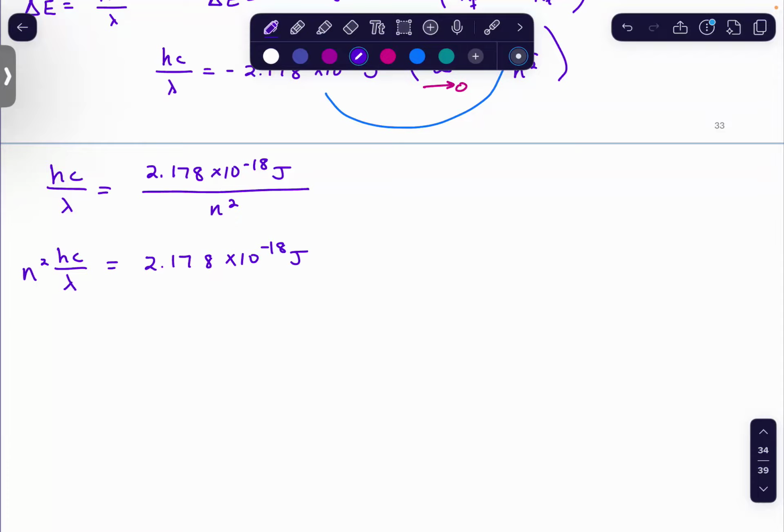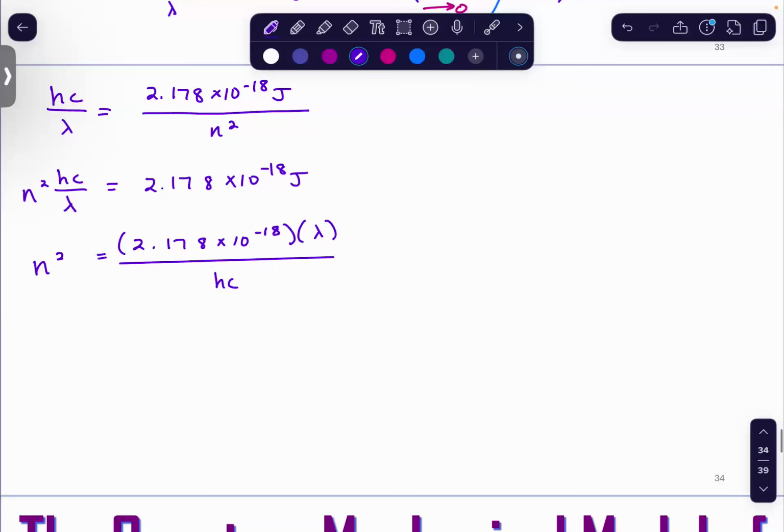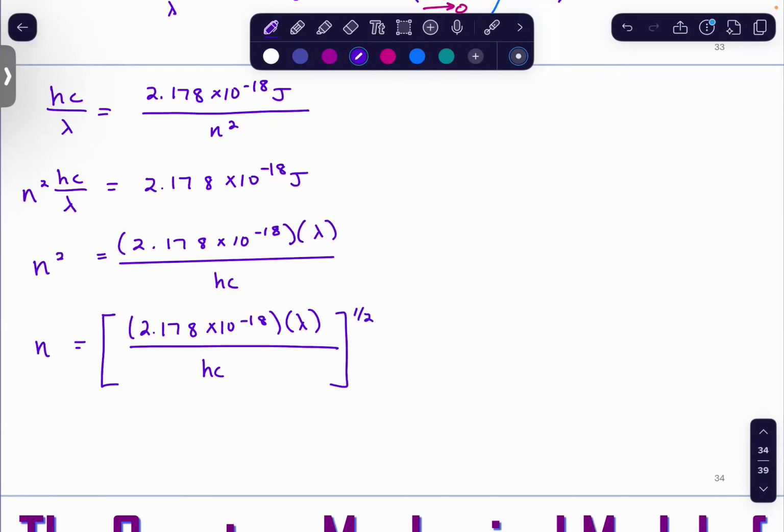If we divide by a fraction, we flip and multiply. That gives us 2.178 times 10 to the negative 18th times lambda over hc, and then n when we square root the whole thing.